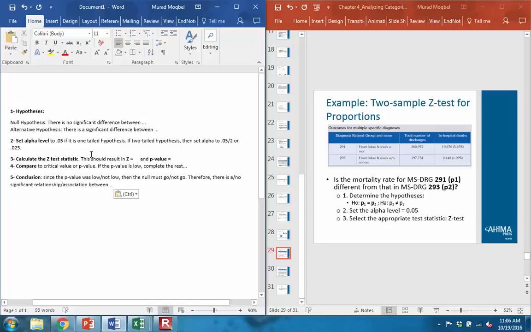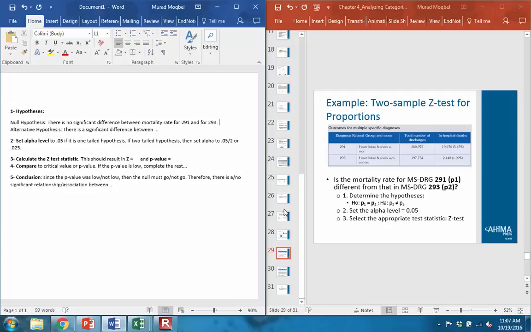And if you state your null hypothesis and alternative hypothesis correctly and follow the steps, you will always get it right. So now our null hypothesis says there is no significant difference between the mortality rate for DRG 291 and for 293.